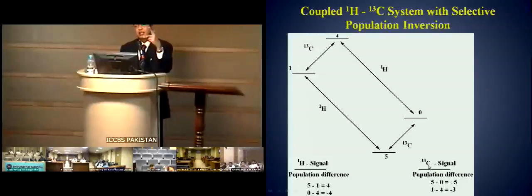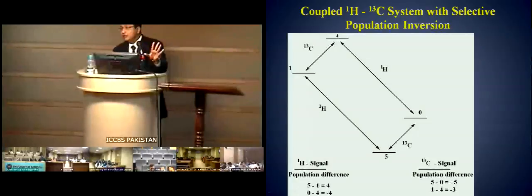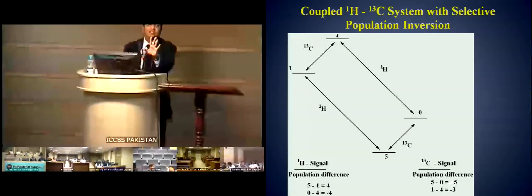It's not the doublet in a true sense. On the other hand, 1 is plus 5 instead of plus 1, and the other is minus 3 instead of plus 1. So there is a fourfold increase in the intensity of the signal of carbon.